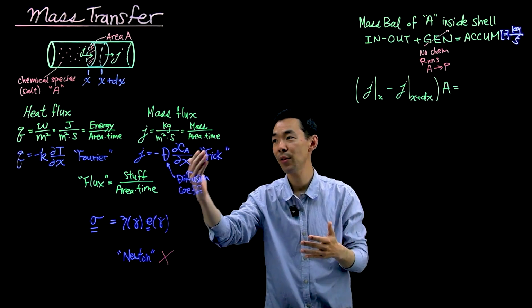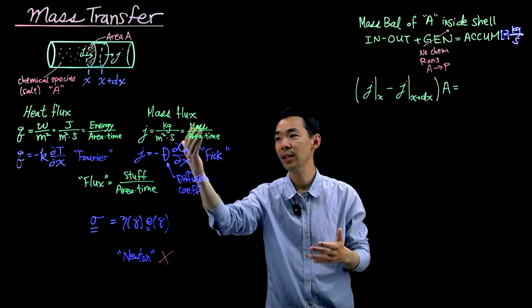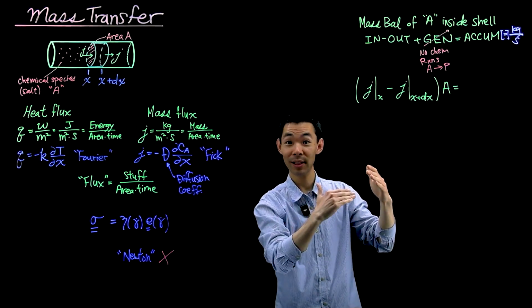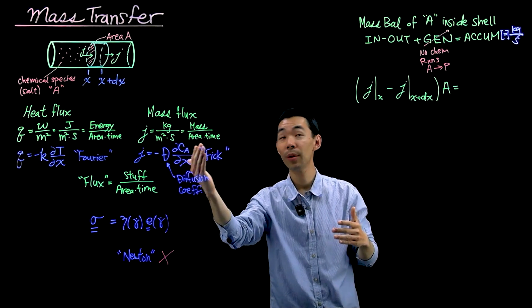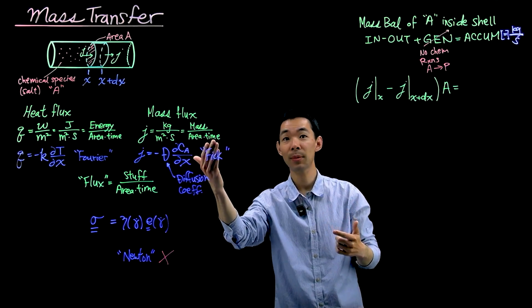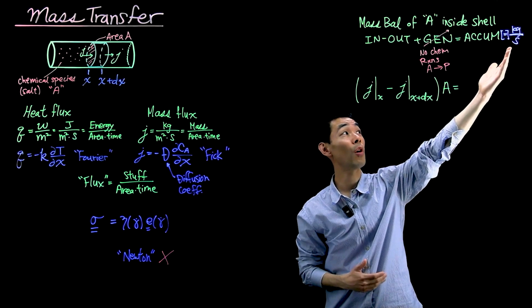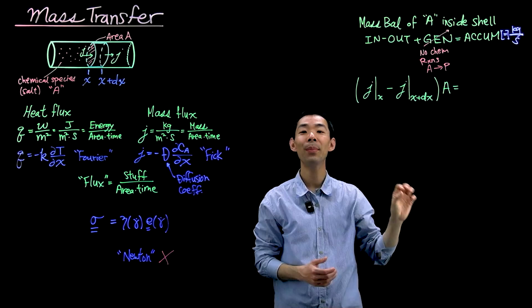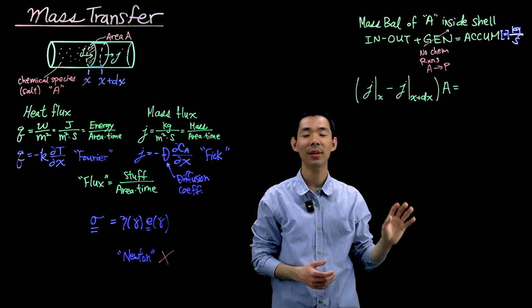Look at this definition. Mass flux is mass per area per time. So the bigger the area, the more mass that's being transported. Therefore, when you multiply the flux with the area, you get overall units of mass per time, which checks out with our overall units of this mass balance of kilograms per second, mass per time.